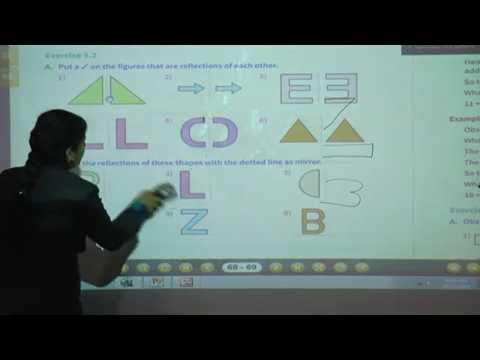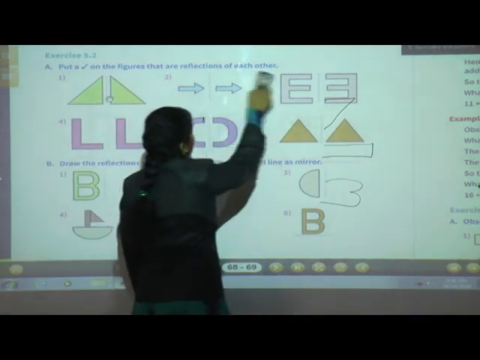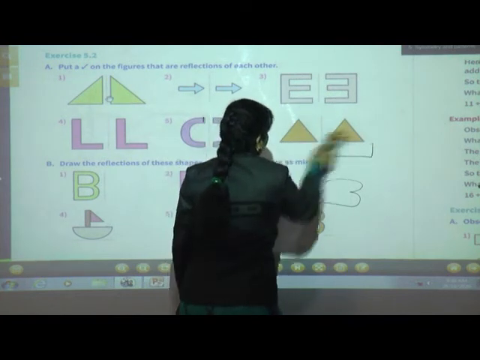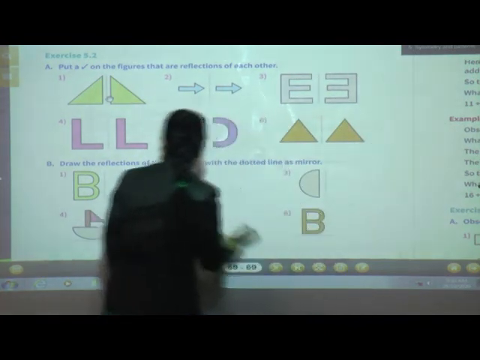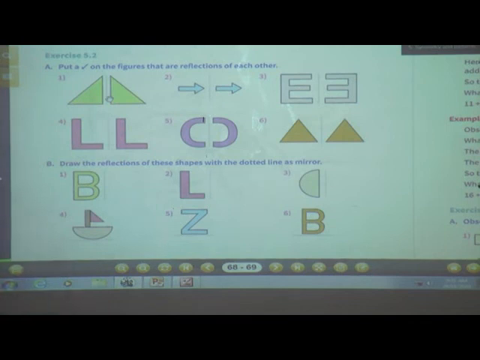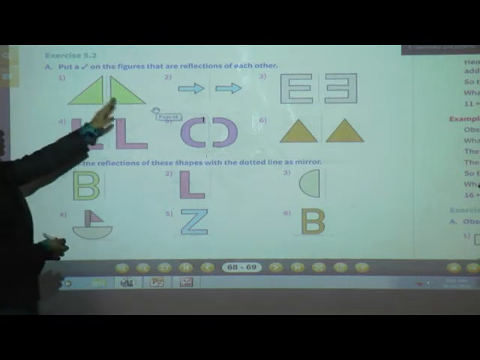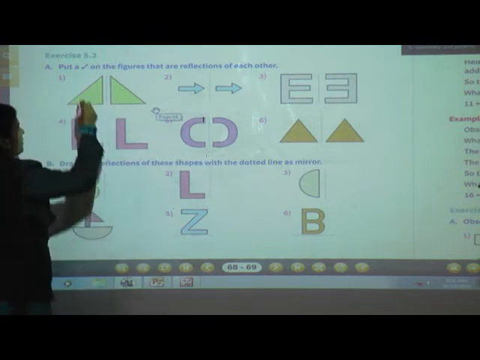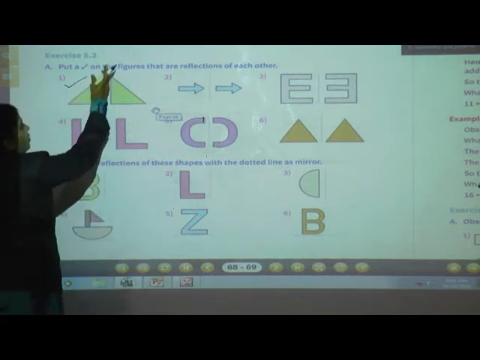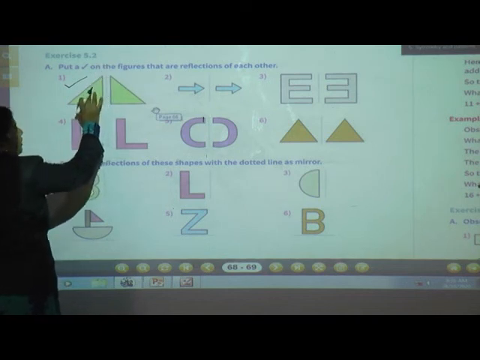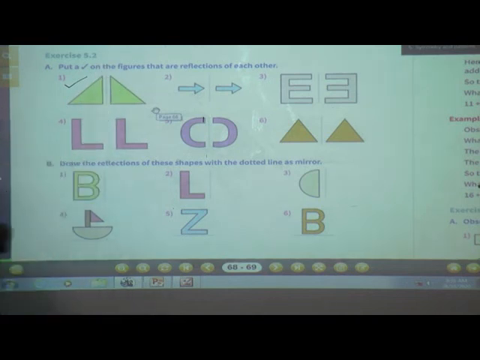Put a tick on the figures that are reflections of each other. See, here the first one. So what do we do? Is the first one a reflection of the other one or not? Yes, this one is a reflection. When we hold the mirror here, we'll get these two figures.